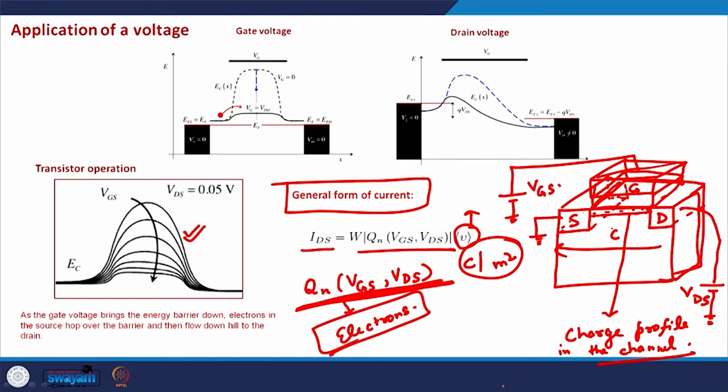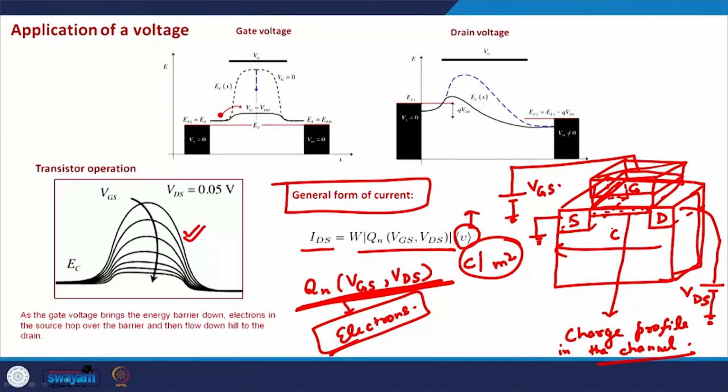So the number of electrons, as we have also seen during our discussion on the transport theory, depends on the applied voltage. So the number of electrons in this case will depend on both VGS and VDS, and the velocity of electrons crossing this barrier will depend on the electric field ideally.